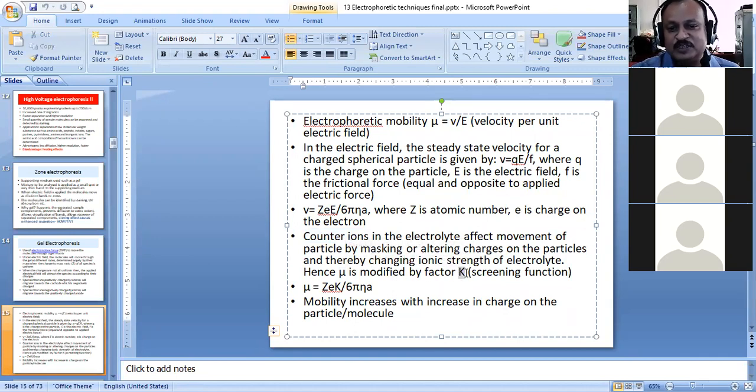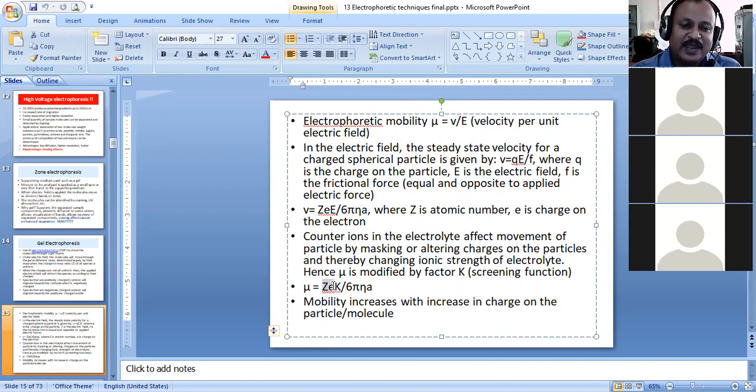Okay. And therefore, instead of using this term mu, that is electrophoretic mobility, we can use the modified term, which is called factor K. This is called the screening function, right? So electrophoretic mobility now becomes ZE multiplied by K. What is ZEK? Z is the charge on the particle. Small e is the charge on the electron.